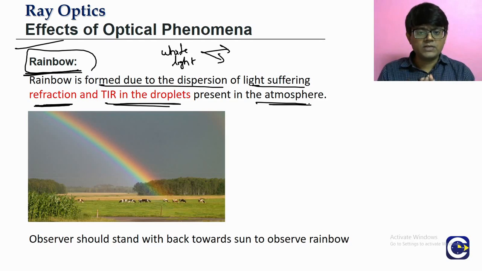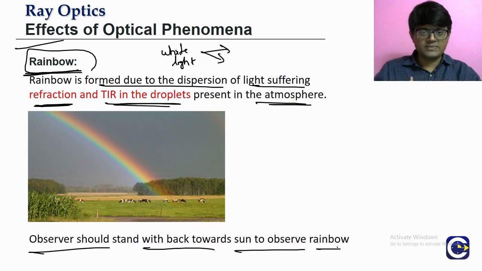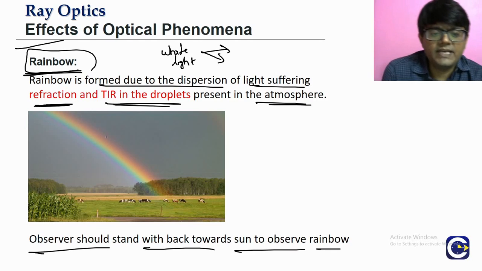Generally when we want to observe the rainbow, if I'm seeing a rainbow on my front side, the sun will be on the back. So the observer should stand with his back towards the sun. Like I'm standing here, I'm able to see the rainbow, which means the sun is on my back side. You can see here, this is the rainbow. What do we observe?